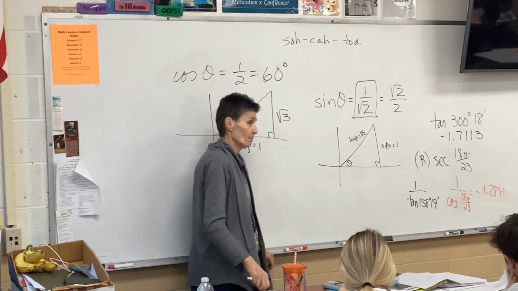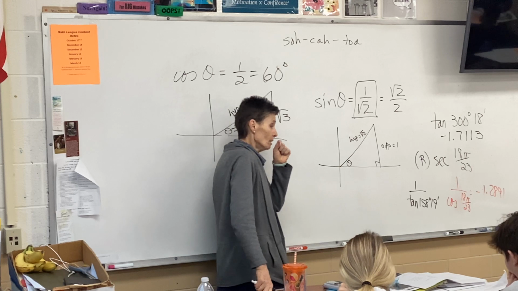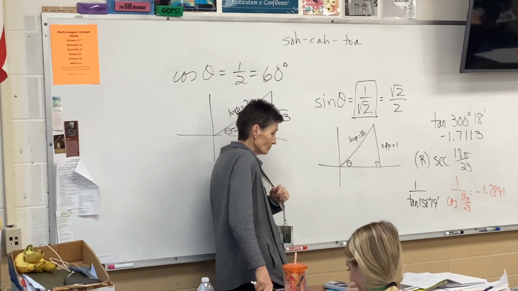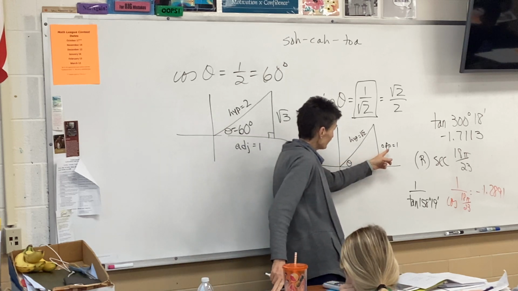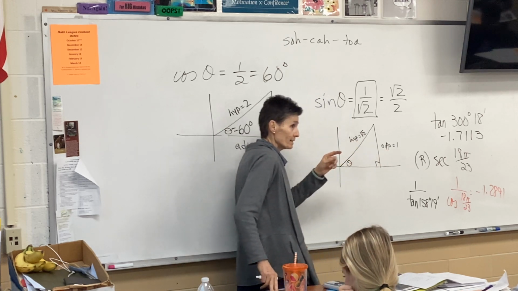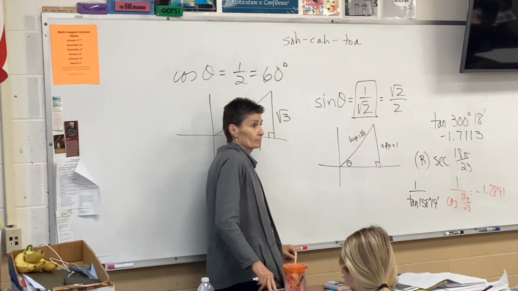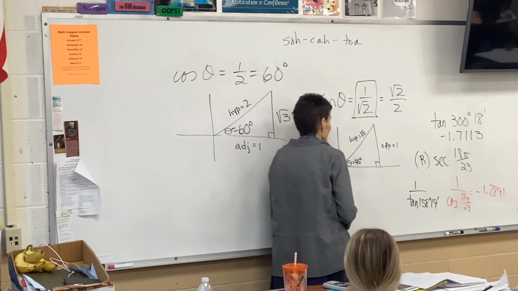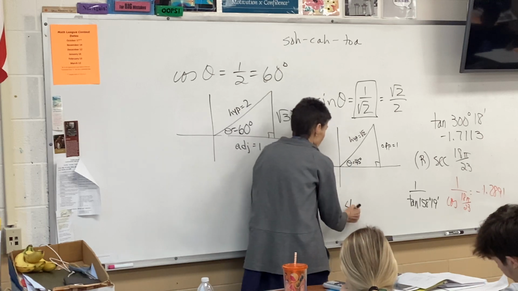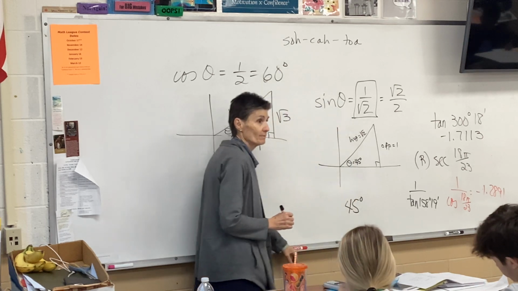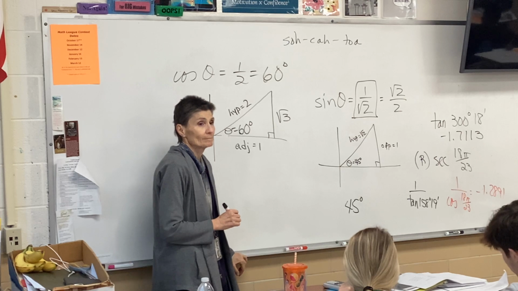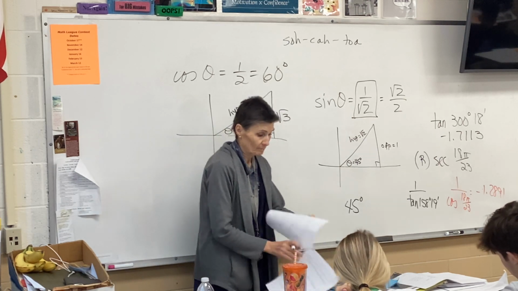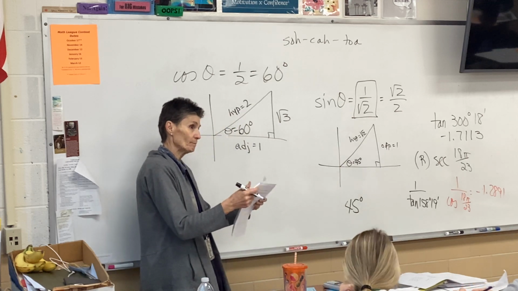Now think about this for a minute, guys. What kind of triangle has one side that's 1 and another side that's root 2? A 45 degree. That's a 45 degree. So the answer to that question is 45 degrees. See how we're doing this backwards?